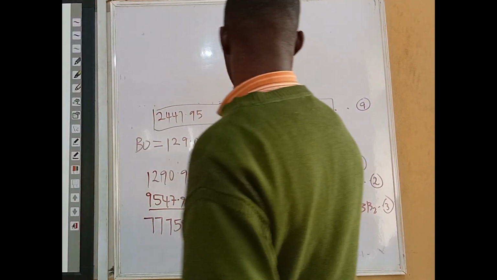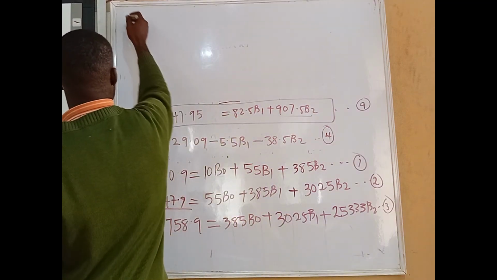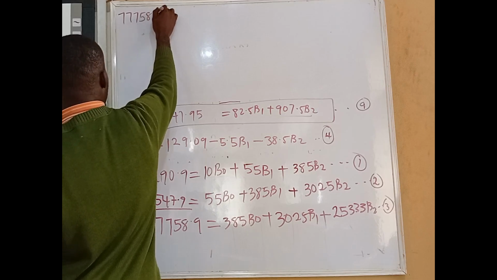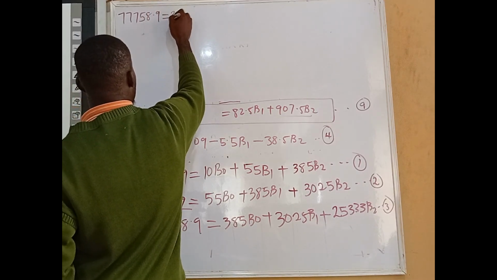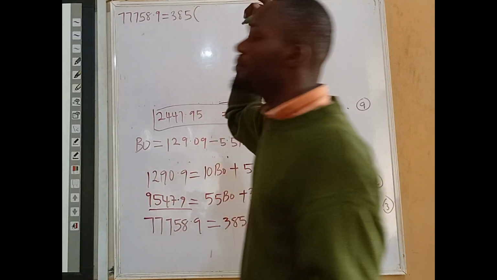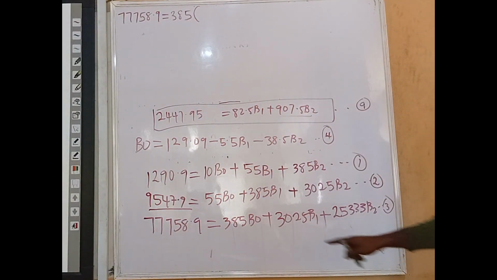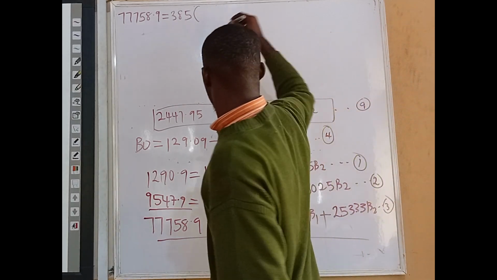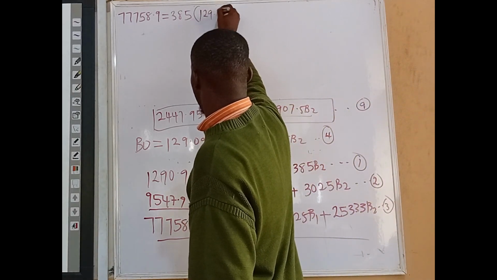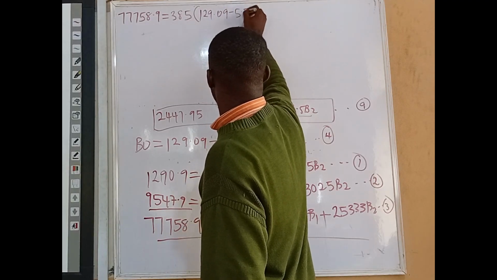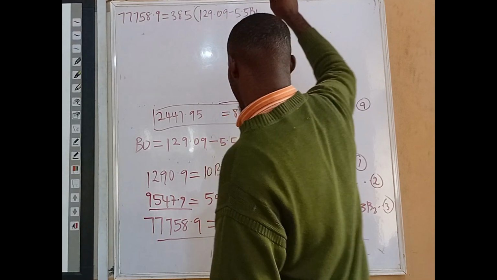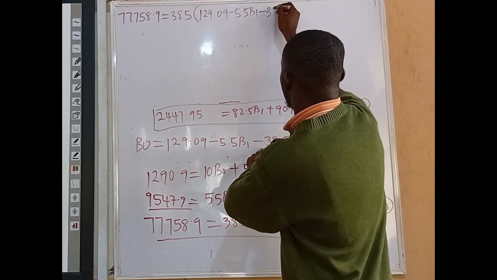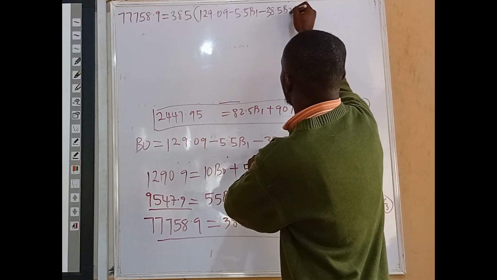We now have 77758.9 is equal to, for the third equation, 385 times our B naught, which is 129.09 minus 5.5 B1 minus 38.5 B2.